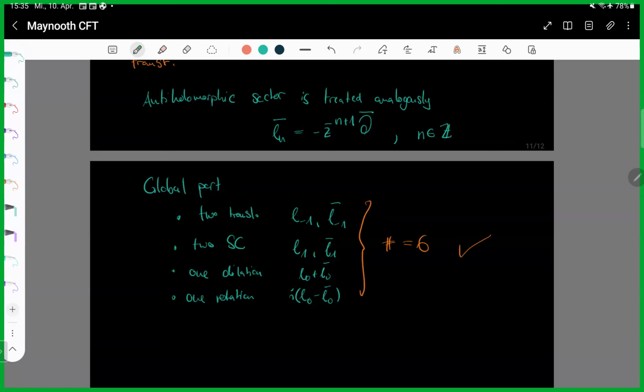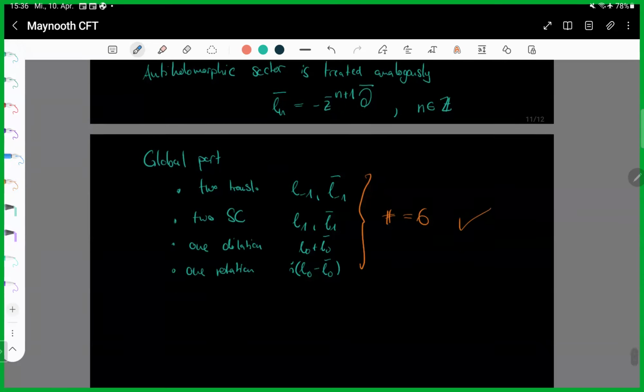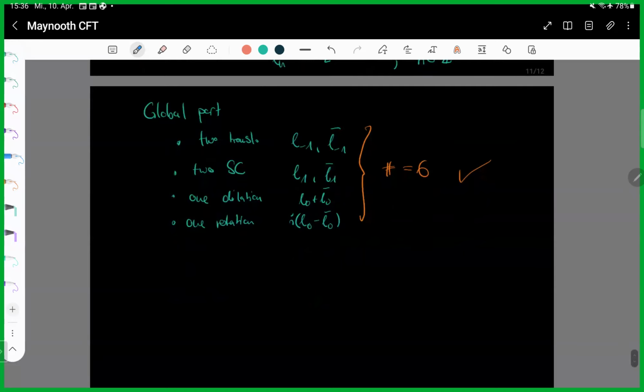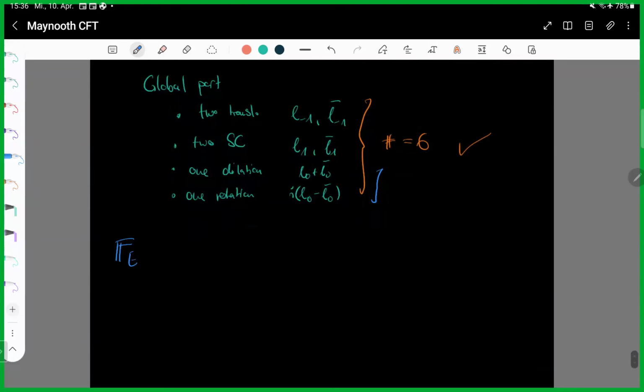And now there's an exercise for you. You may be puzzled about me writing the dilation and the rotation in this manner. So that you get an idea of what that means, the exercise is go to polar coordinates.